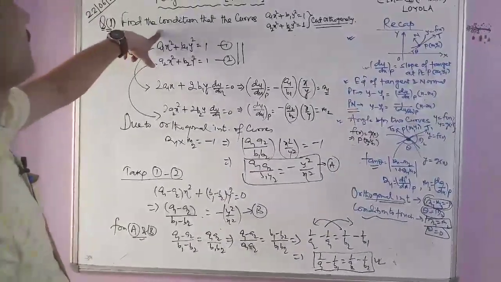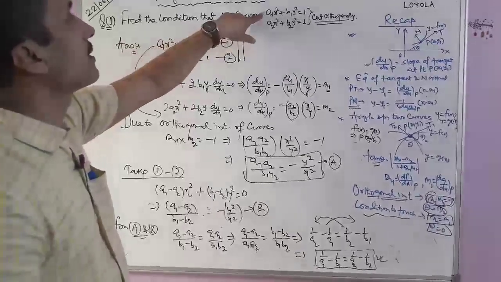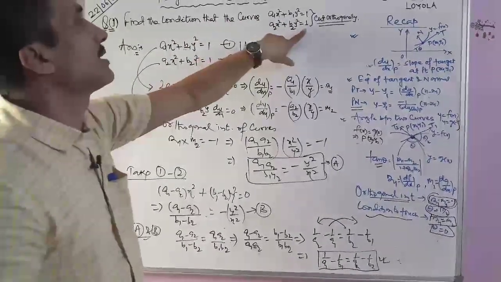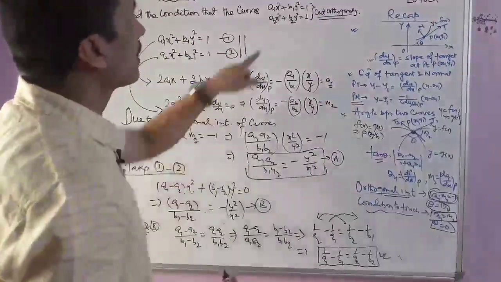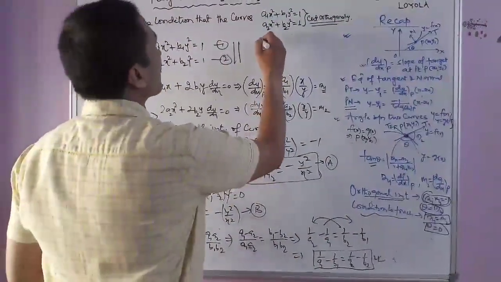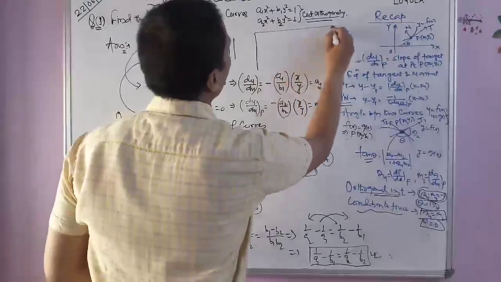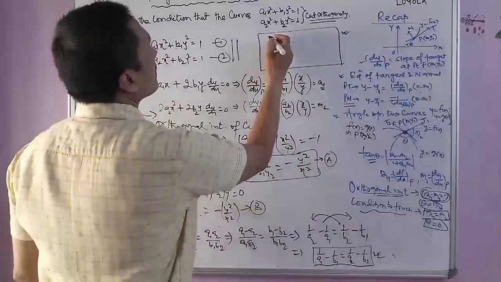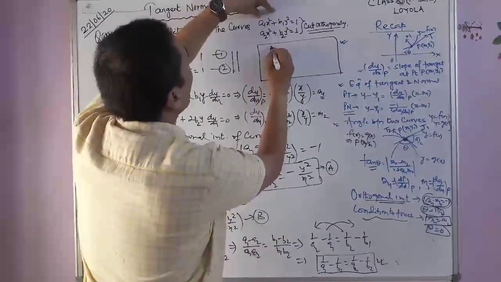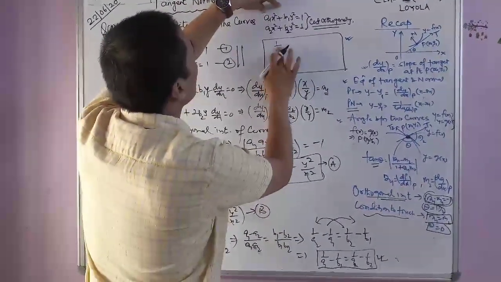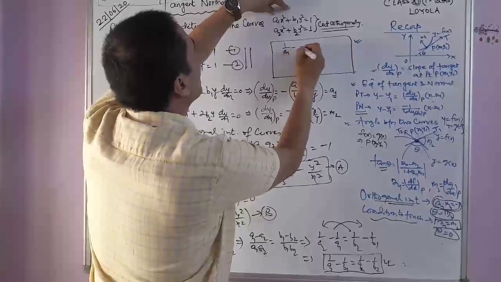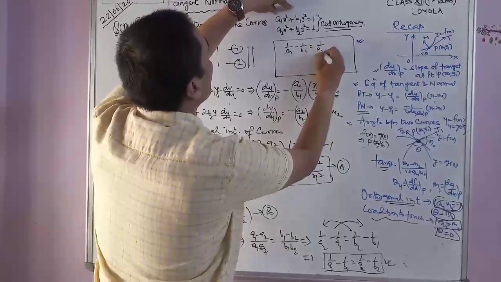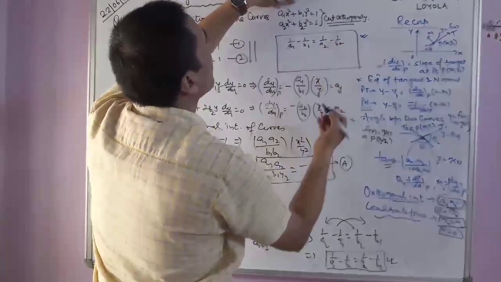Here the question is, find the condition that the curve a1 x square plus b1 y square equal to 1, a2 x square plus b2 y square equal to 1 cut orthogonally. Here we take result 1 upon a1 minus 1 upon b1 equal to 1 upon a2 minus 1 upon b2.